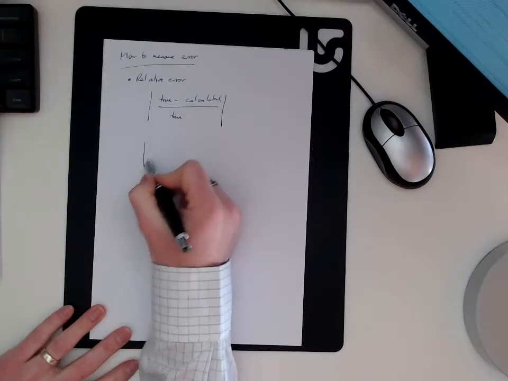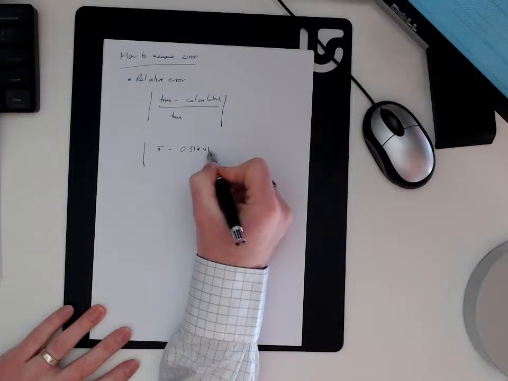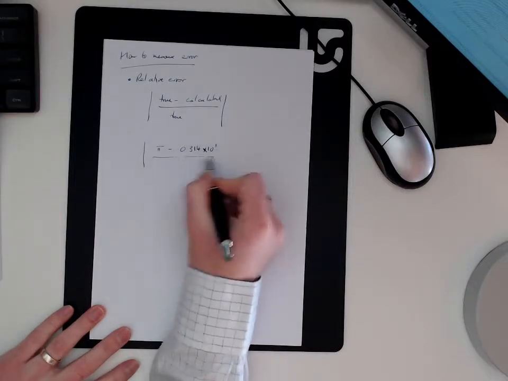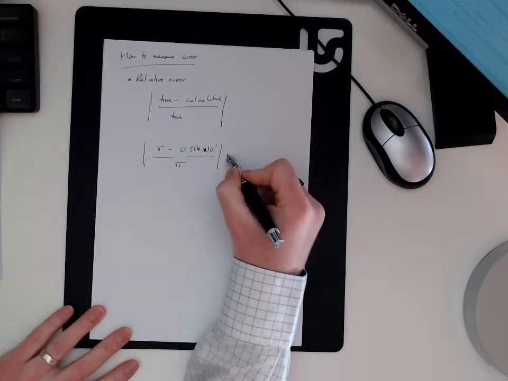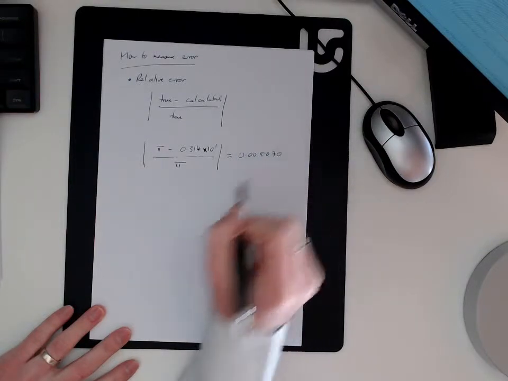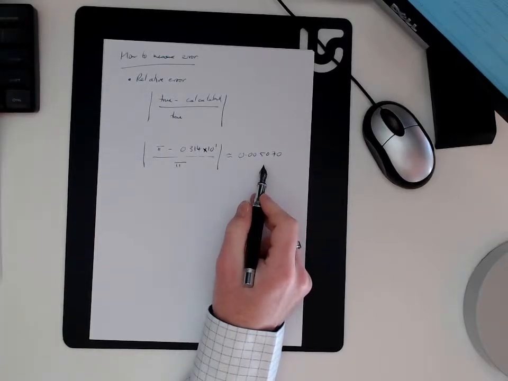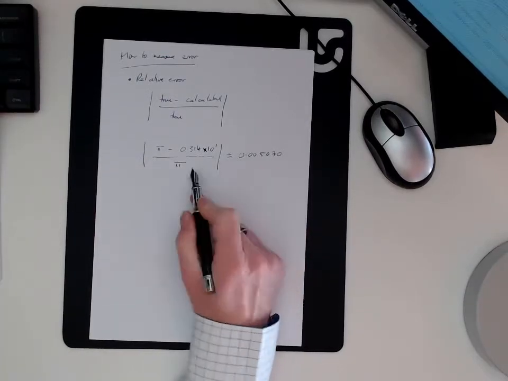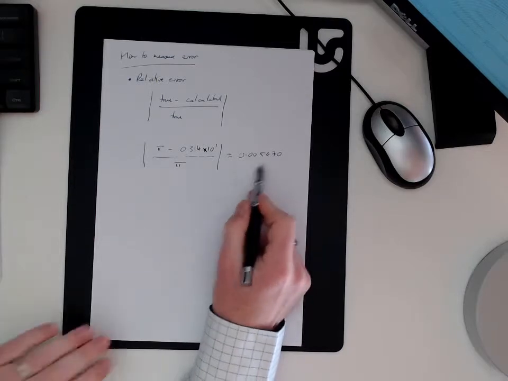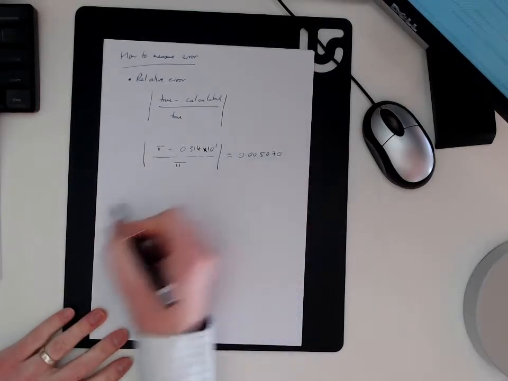So for example, pi minus 0.314 times 10 to the 1 divided by pi. You might as well ask yourself the question, how did I calculate this? Well, I used a computer, which kind of begs the question, but anyway. So the relative error here is about 5 parts in 1,000.